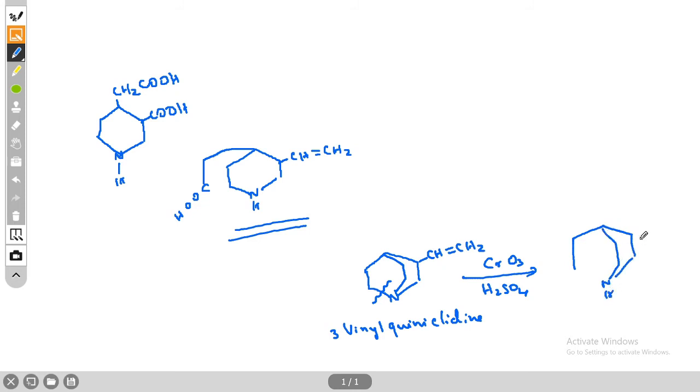NH, here CH double bond CH2, here COOH. So this is the structure of meroquinine. The original group will be this. Here this COOH is coming because of the oxidation of quinine.